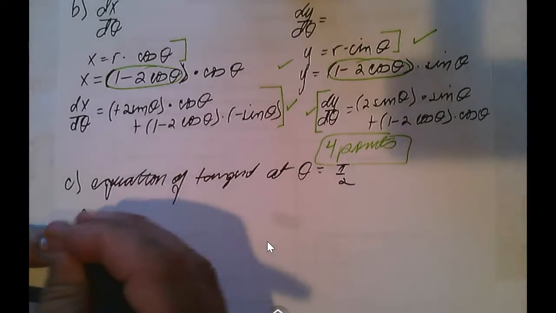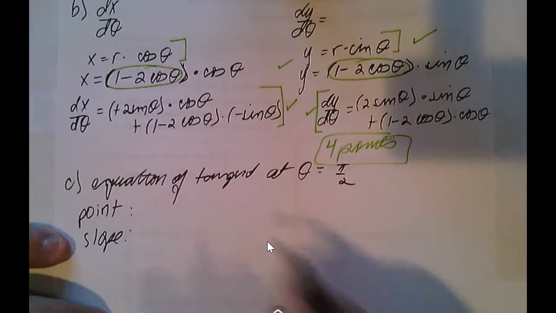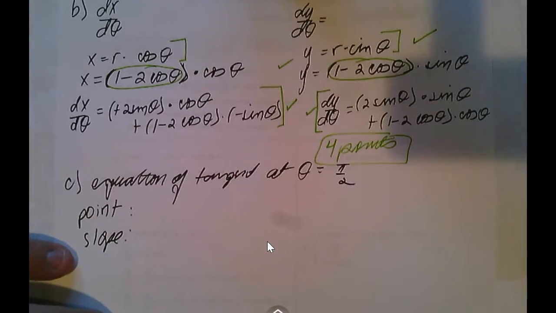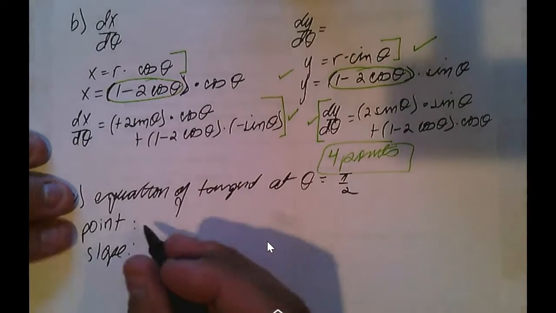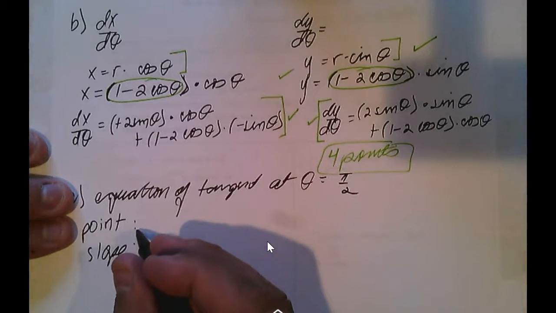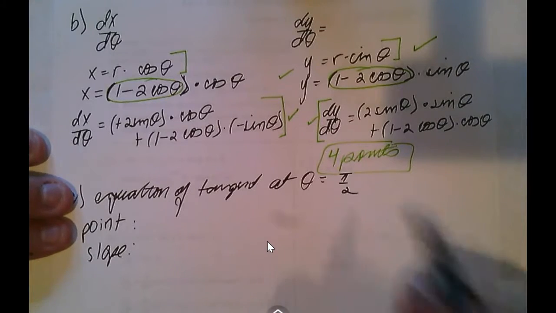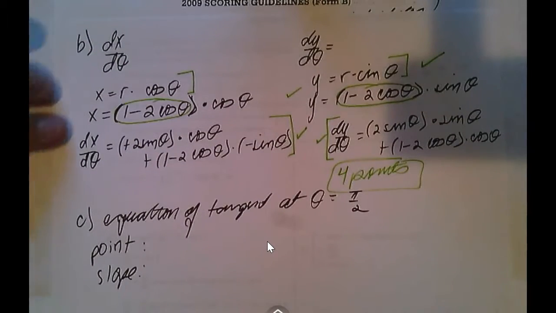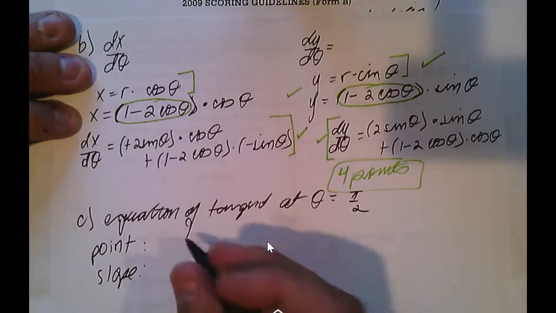Well, equation of a tangent line, you've seen this a lot. You need a point and you need the slope. Where do we get the point from? You need to know the x and the y coordinates when θ equals π/2. One way you could do that is you could say, okay, I know that x is 1 minus 2 cosine θ times cosine θ.